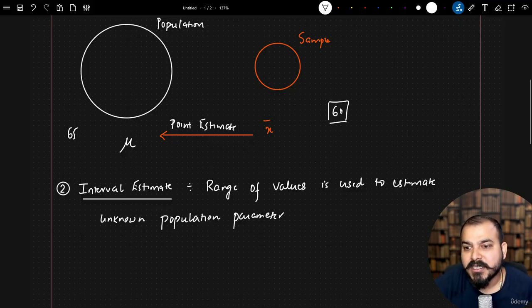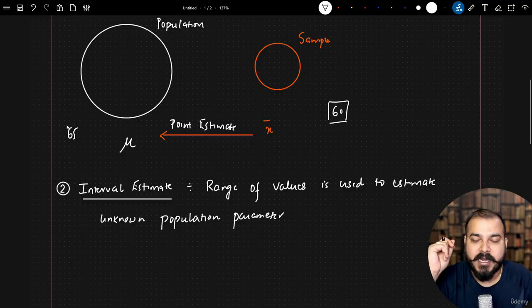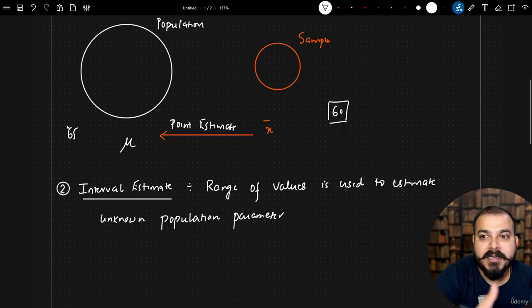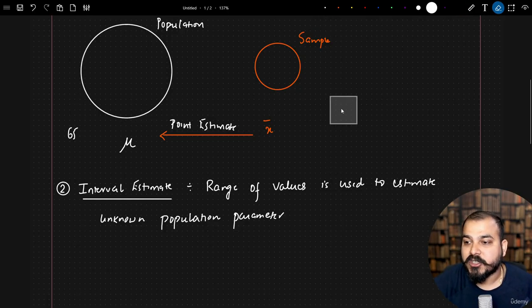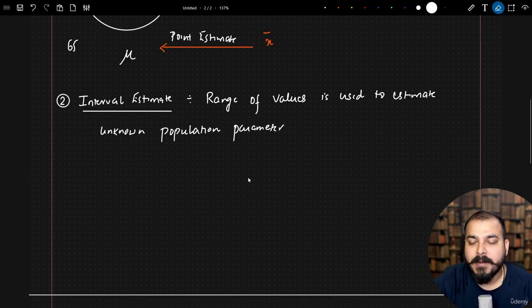You can see there is a huge difference between 60 and 65, so 60 cannot represent the entire population mean. So we use an interval estimate to specify a range.